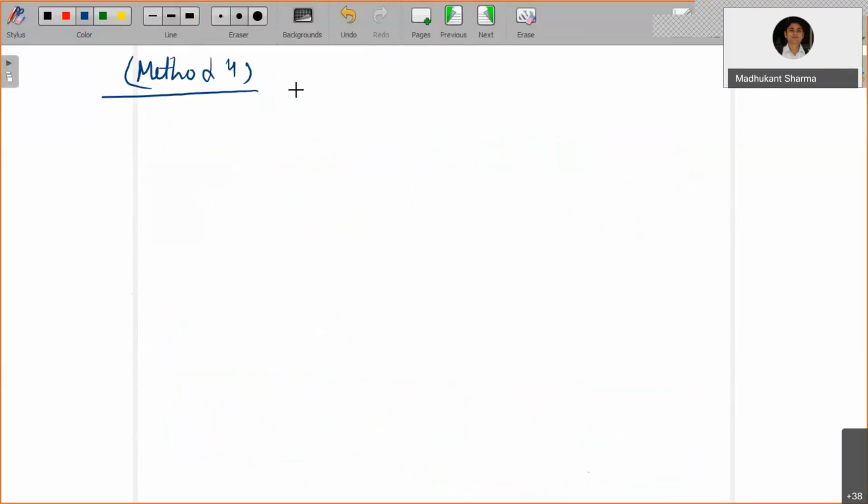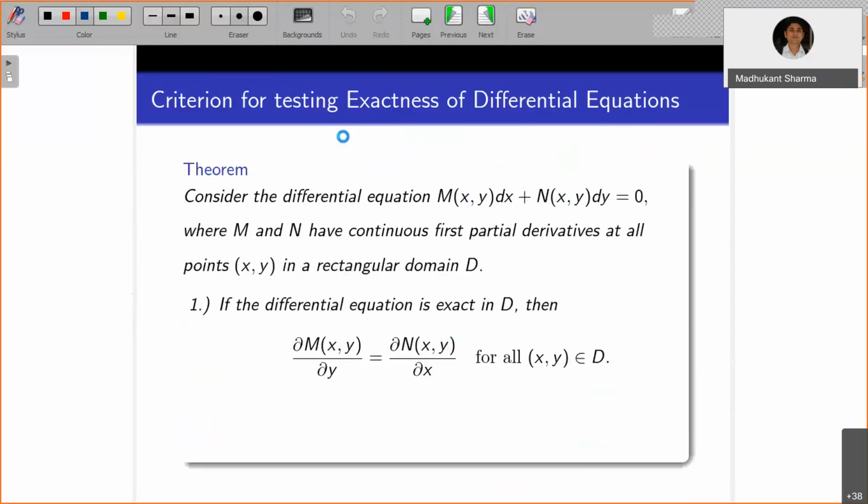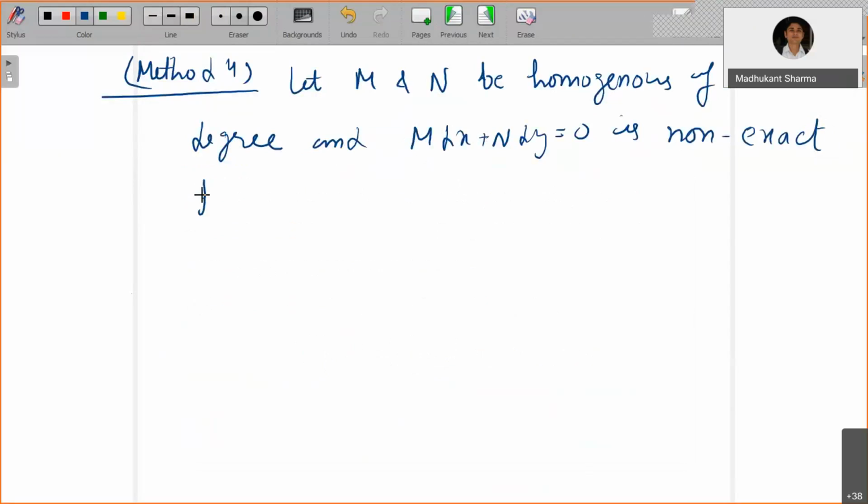Let M and N be homogeneous of the same degree, and M dx plus N dy equals 0 is a non-exact differential equation.